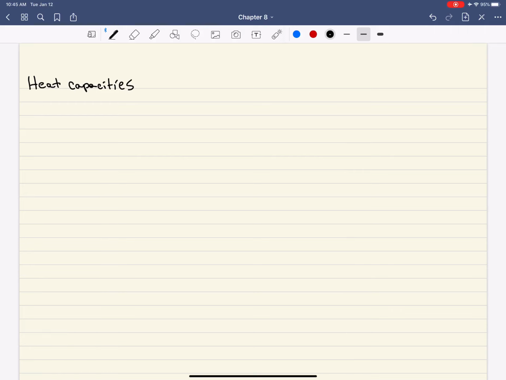Let's now introduce the concept of heat capacities. Previously, we discussed how our internal energy and our enthalpy are functions of temperature and pressure. Because they're functions of temperature, that means we could also take the derivative of U and H with respect to T. Right?